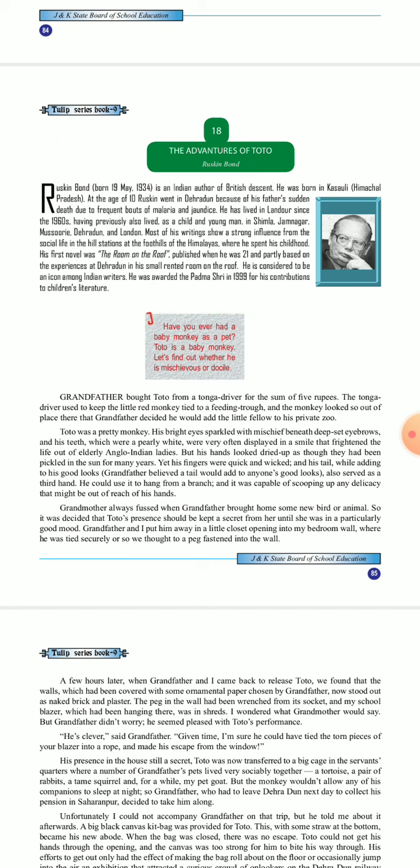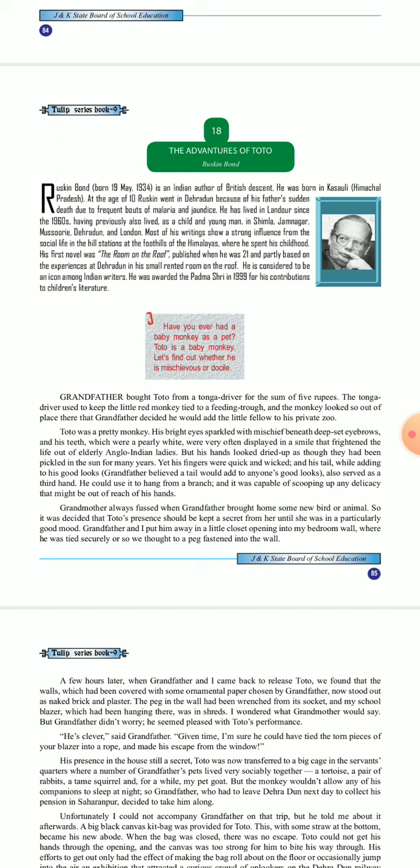Grandfather bought Toto from a Tonga driver for the sum of 5 rupees. The Tonga driver used to keep the little red monkey tied to a feeding trough, and the monkey looked so out of place there that grandfather decided he would add the little fellow to his private zoo.